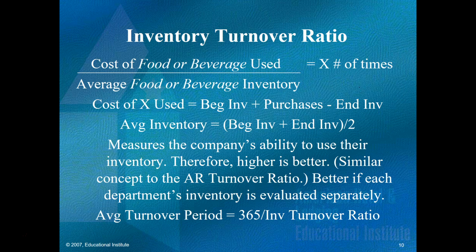Instead of it being 26 times a year, it becomes 14 days. Instead of it being 12, it becomes somewhere around 30 days. Everybody good there? So again, when we're talking about inventory turnover ratio, it's from the arrival of the inventory to the point of the sale.